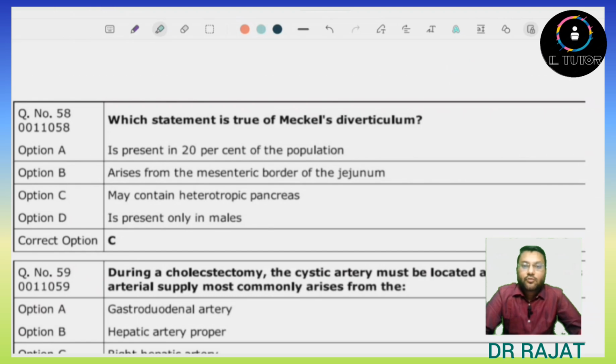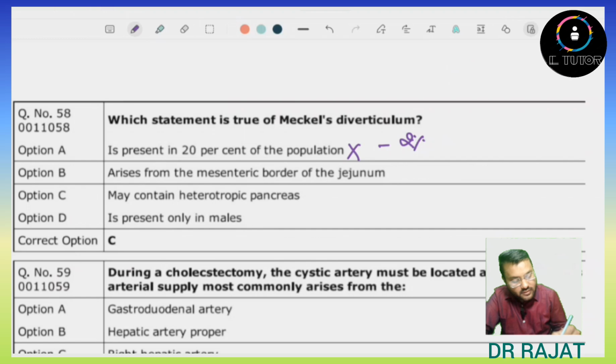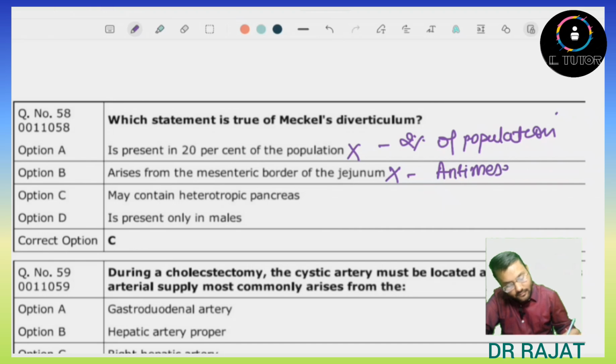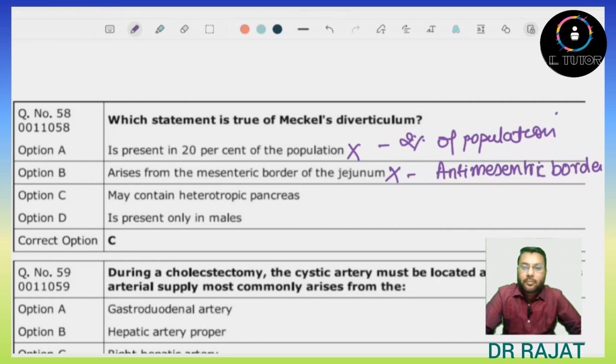Which statement is true for Meckel's diverticulum? So first, present in 20% of the population. This option is incorrect because Meckel's diverticulum is present only in 2% of the population. Arises from the mesenteric border of jejunum. This is again a false statement because it arises from the antimesenteric border. May contain heterotopic pancreas.